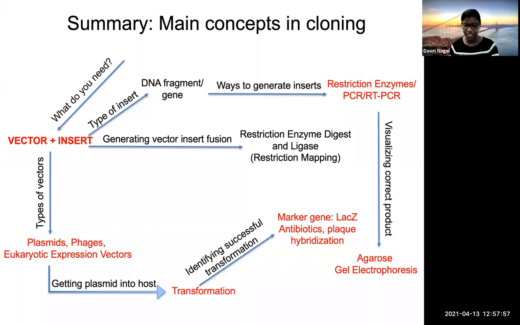So your selectable marker says it's been transformed. Your marker gene, LacZ, tells you these are the colonies, but does it contain my insert? That's how you know whether something has been successfully done.